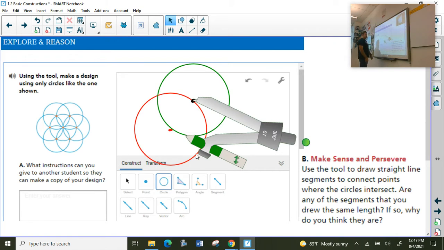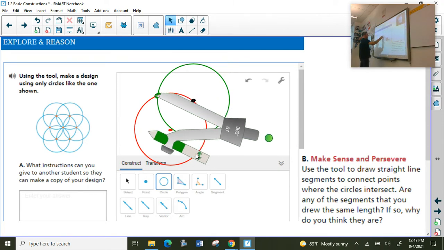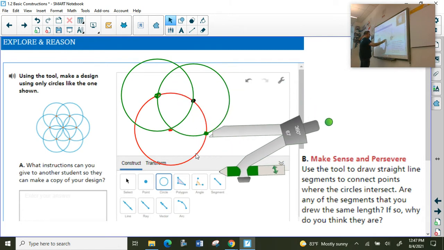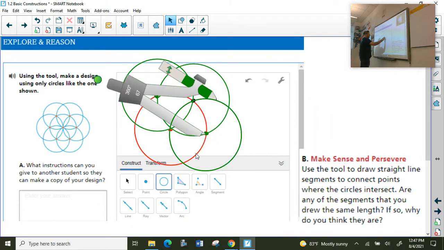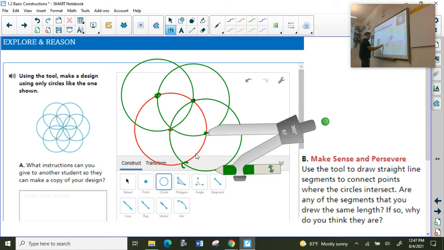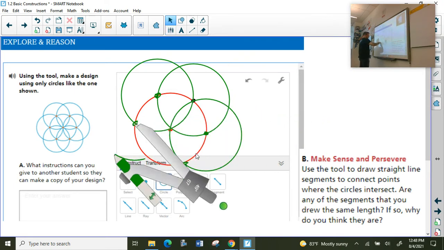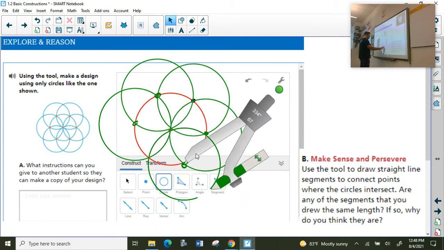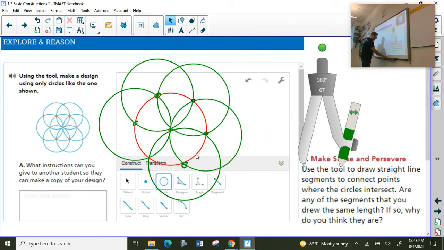I'm not changing my compass by any means. Now, as you notice, you've got 2 intersection points. So go to this one and make a circle. Go to that other point, make a circle. And then you just keep going. Find your 2 intersection points. And if we did it somewhat right, they should be the same exact one. And there you go. It kind of looks like a cool little flower, but that's how you do it.